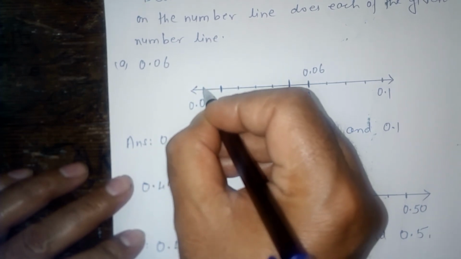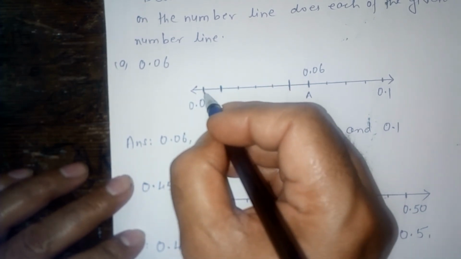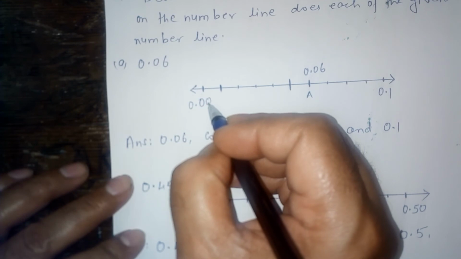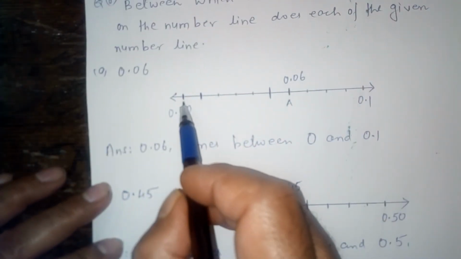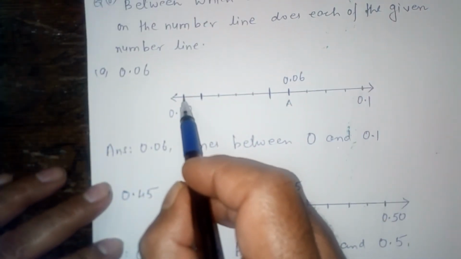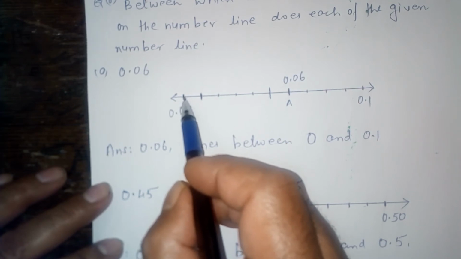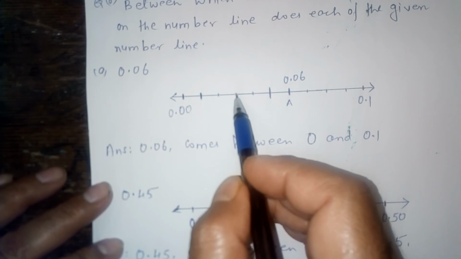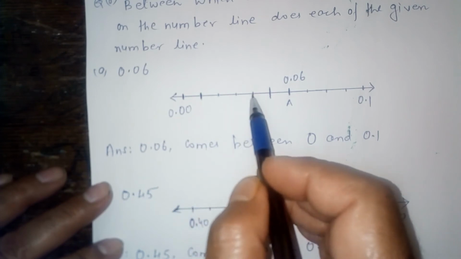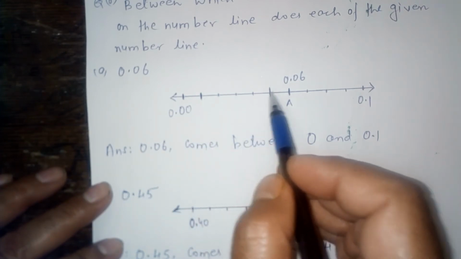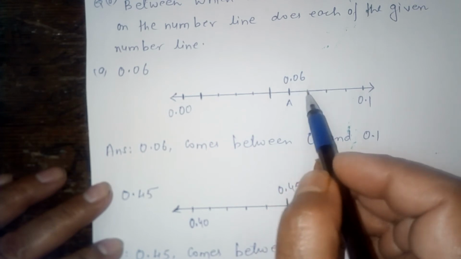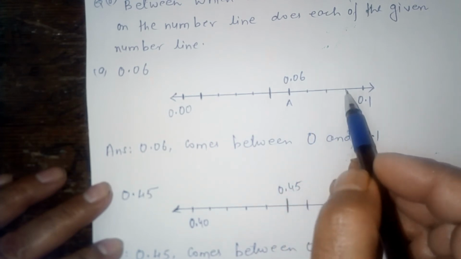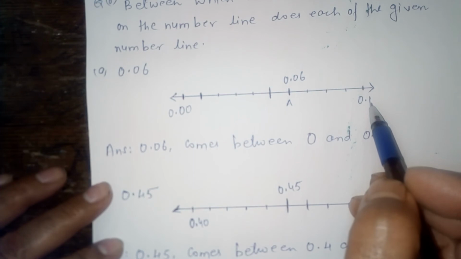0.00. This mark belongs to 0.00. This is 0.01, 0.02, 0.03, 0.04, 0.05, 0.06, 0.07, 0.08, 0.09, then after that 0.1.